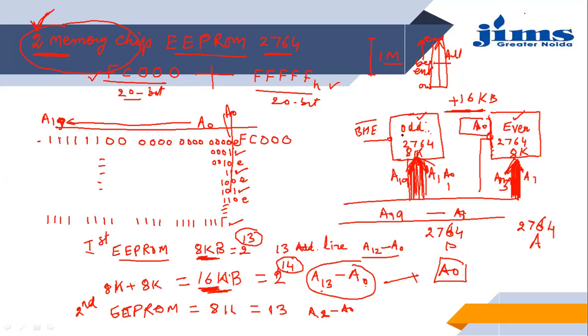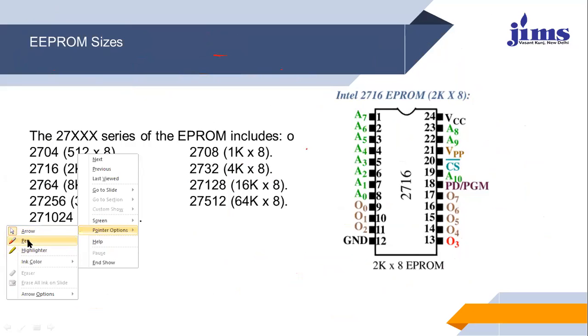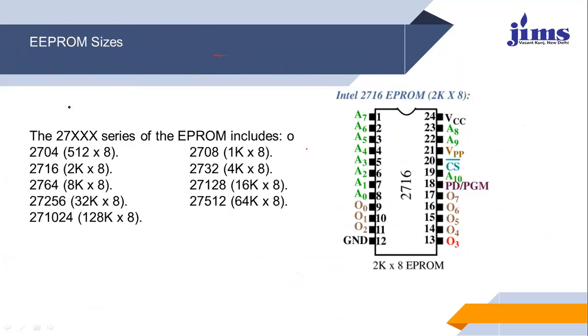Is that clear? You can stop me for any kind of query. I am referring, in my design, to 2764. To help you out, in the 27 series, 27xxx, I am referring to a design based on this particular EEPROM.